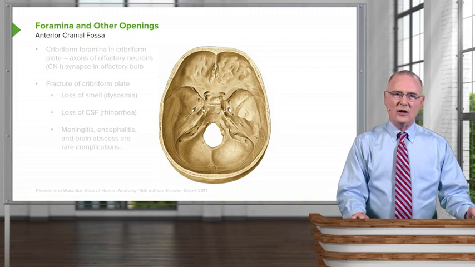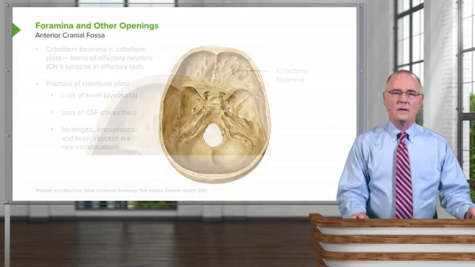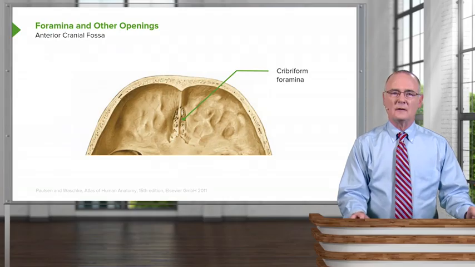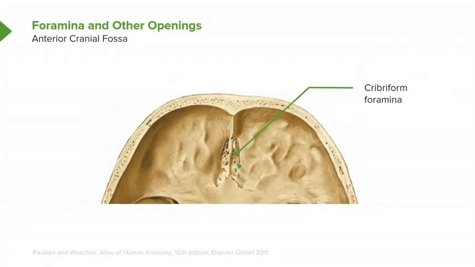So with the anterior cranial fossa, the first structural feature to point out here is the presence of these very small cribriform foramina, and we see them on either side of the anterior fossa.